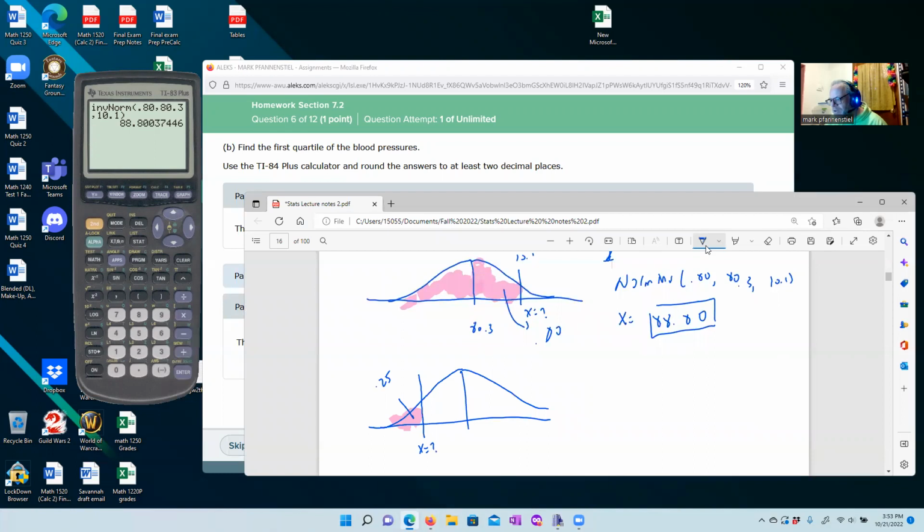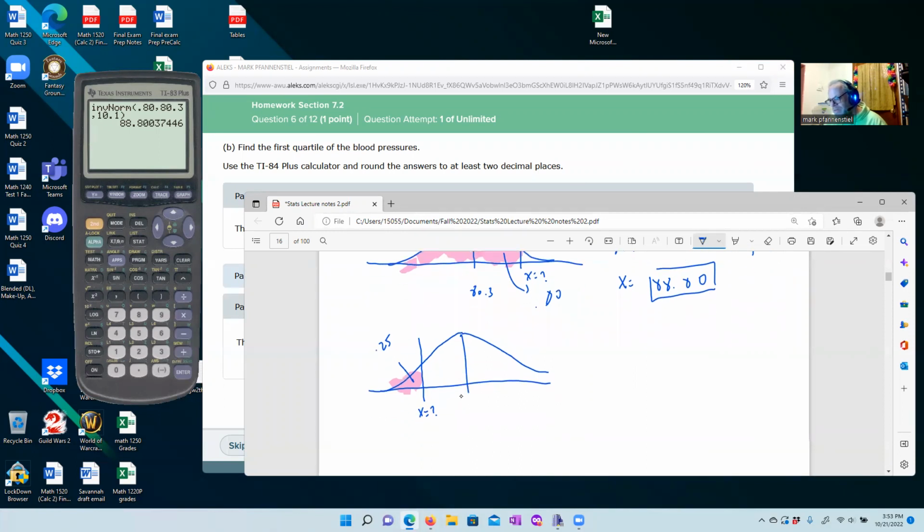What X value could have possibly led us to a 25th percentile? It's clearly going to be under the 80.3. It's going to be lower than average. So it's inverse norm. What percentile did we want? We wanted the 25th percentile. What is our average?